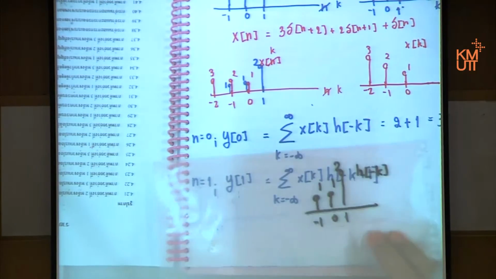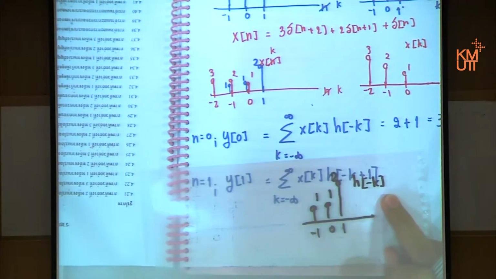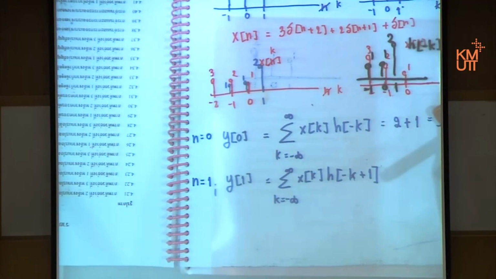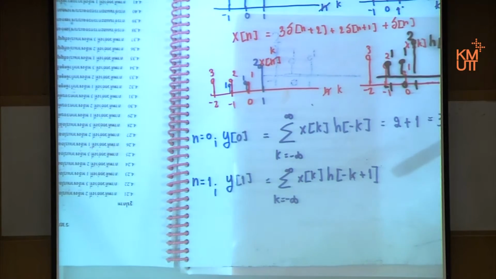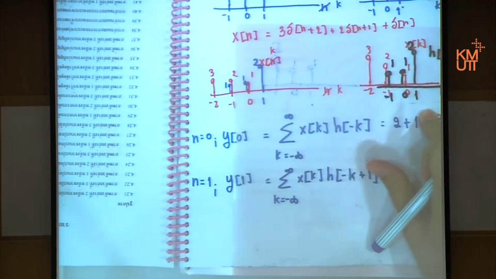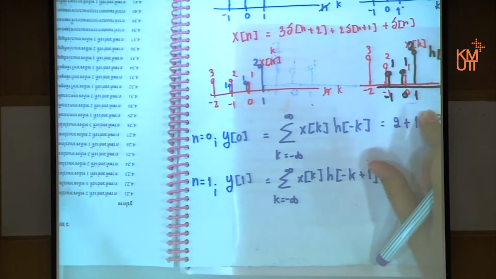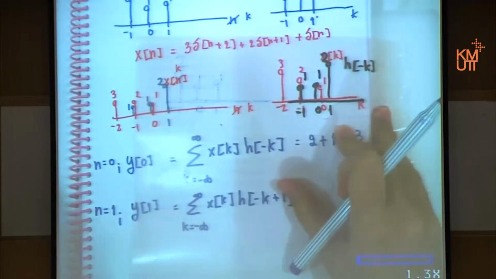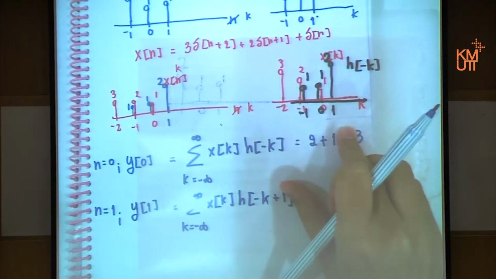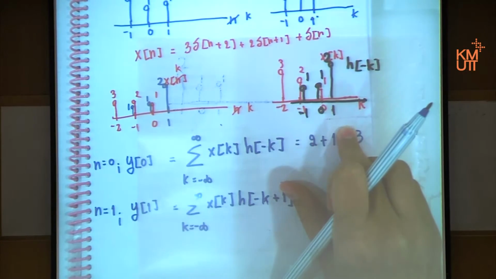So it means that you have hk like this for the first step. For the first step, when you do not shift h minus k, ถ้าคุณไม่ shift h minus k เลย คุณเอาสองกราฟมาวาดบนแกนเดียวกัน, you will have this picture, right?